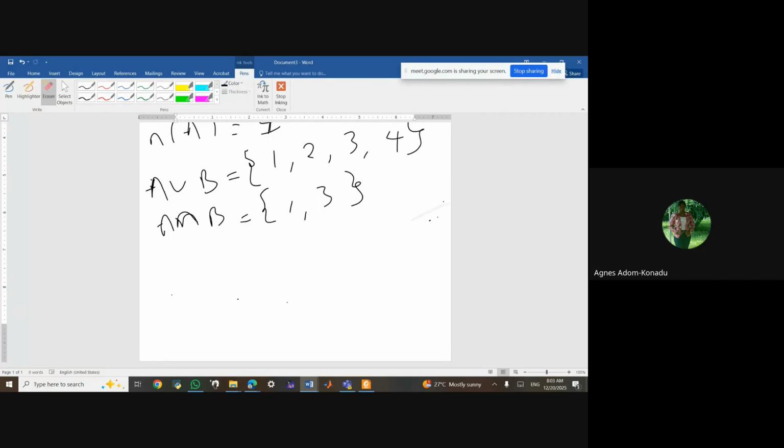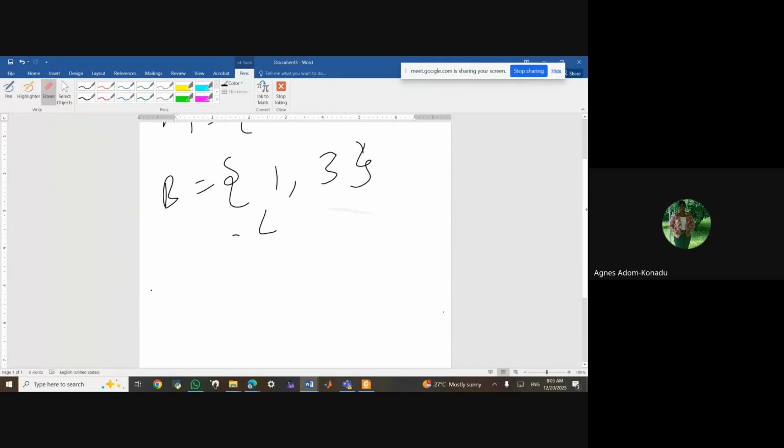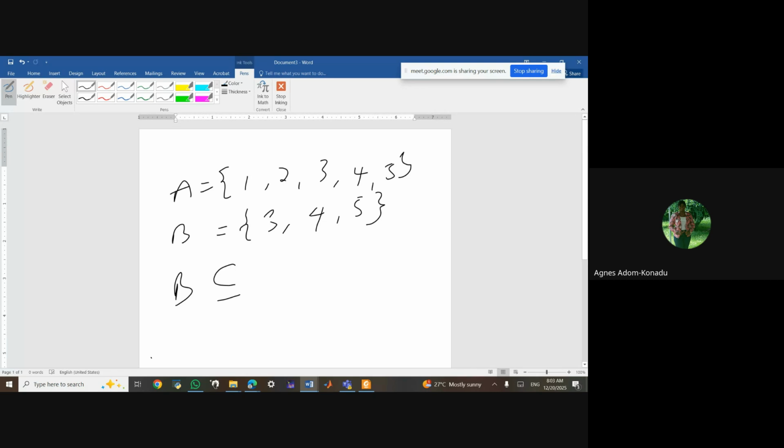So I'm going to give you an example. So I have a set A and I have a set B. Now we can say that B is contained in A. This symbol means contained.